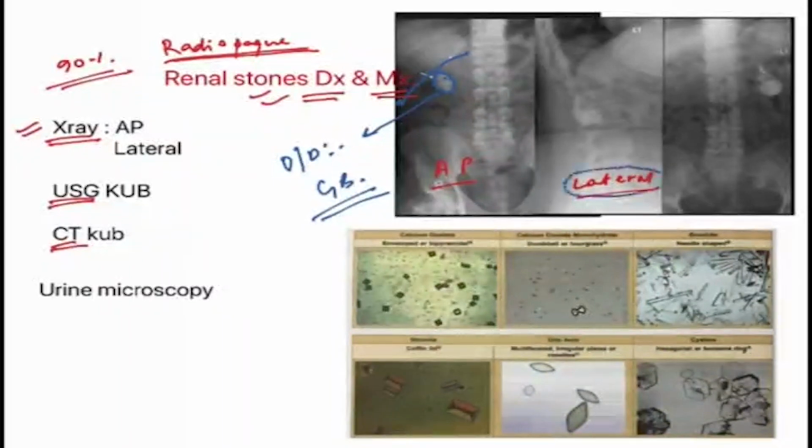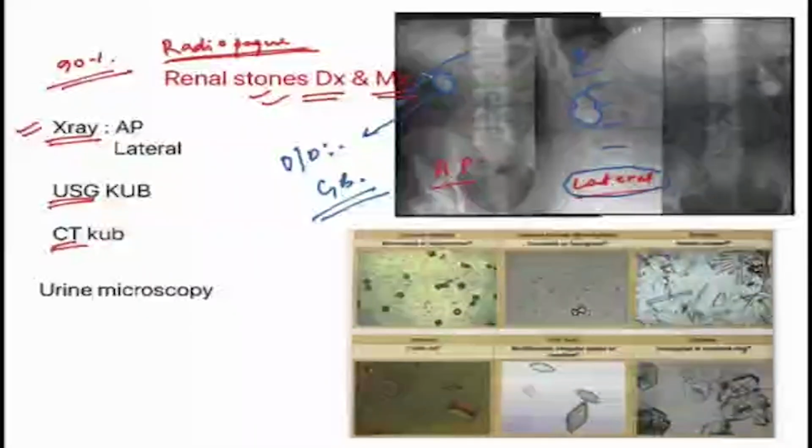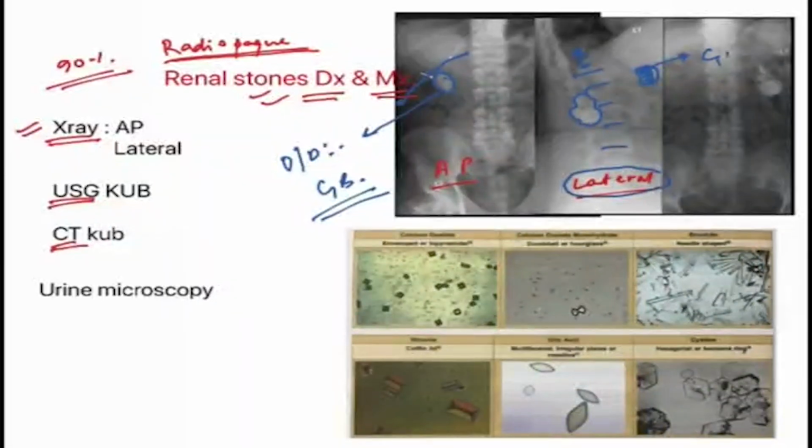So to differentiate this, we need a lateral view. In this we can see the lumbar spines and this stone is present over the vertebral column. But if it was because of the gallbladder, then it will be anterior to the vertebral column. So gallbladder stones are anterior to the vertebral column, but renal stones overlie the vertebral column.